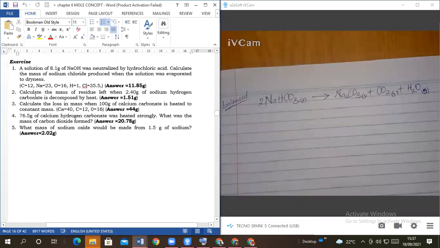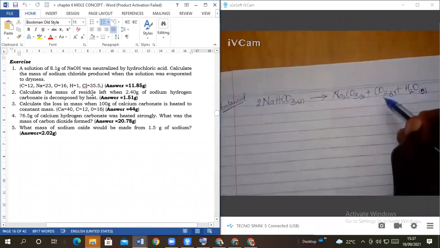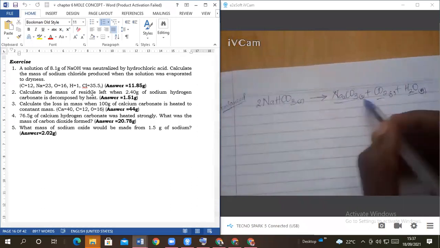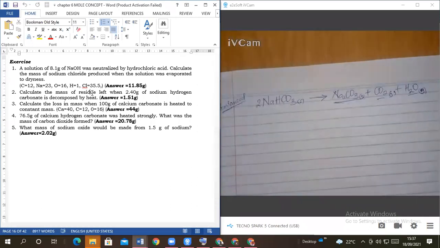Calculate the mass of the residue. What is the residue? If this gas goes away, this one goes away. The residue left is sodium carbonate.